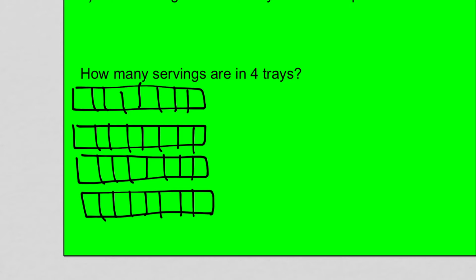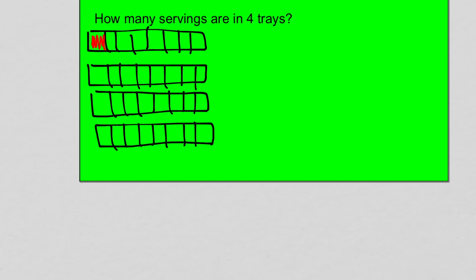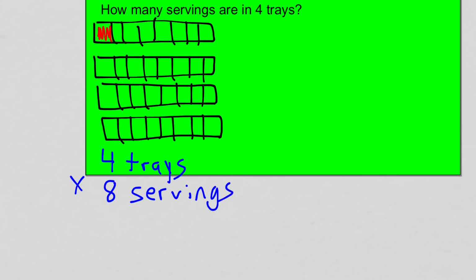And I will shade in 1/8. And how many 1/8s are in 4 trays? Well, I could count, or I might recognize here that I have 4 trays times 8 servings per tray. And so 8 times 4 is 32 servings.